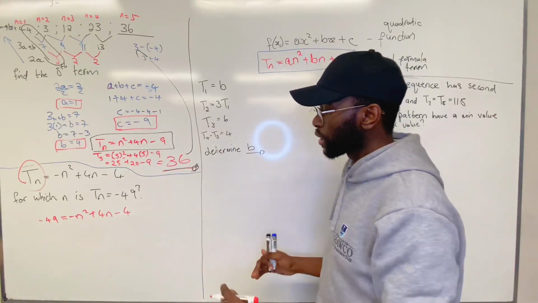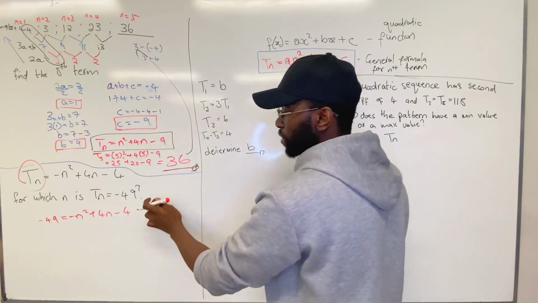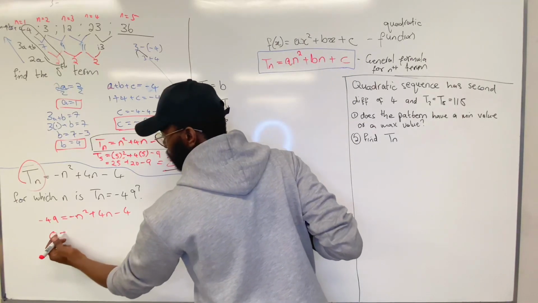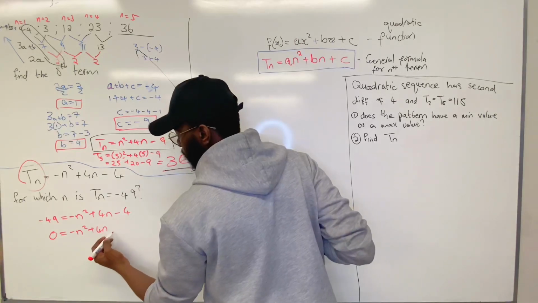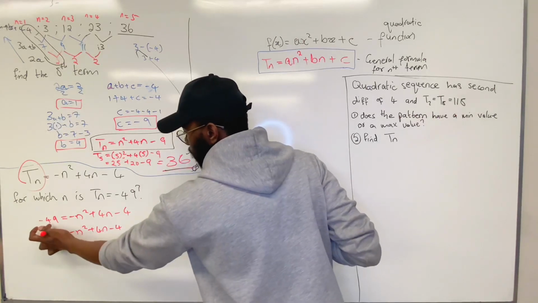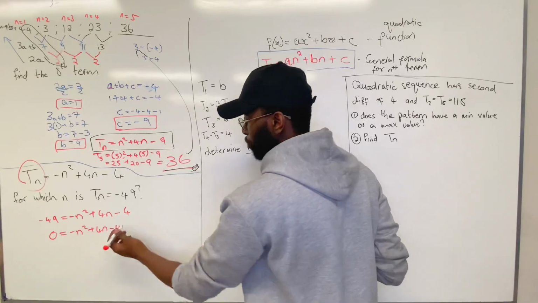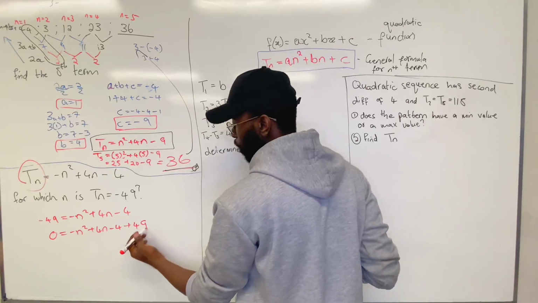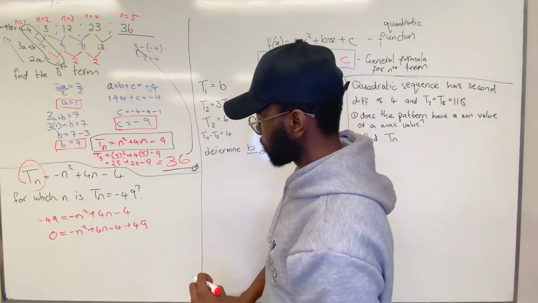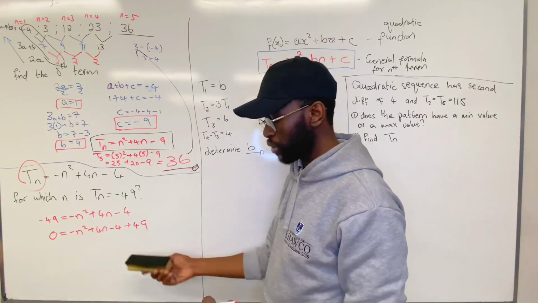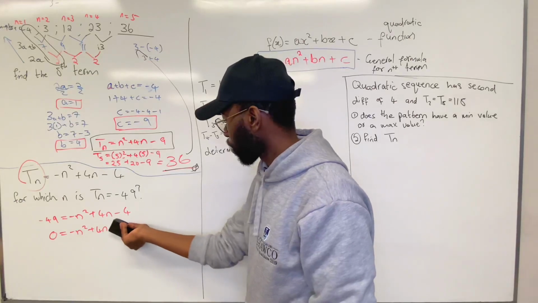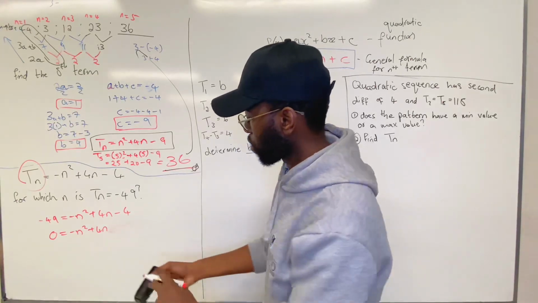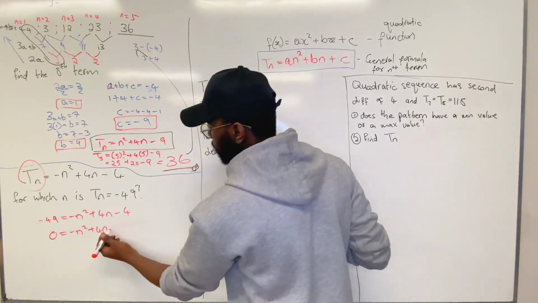The first thing that we're going to do is to transpose the 49 so that one side is equal to 0. Then we have minus n squared plus 4n minus 4, and then when you transpose minus 49, it will become positive 49. And 49 minus 4, we know that it will be equal to 45.